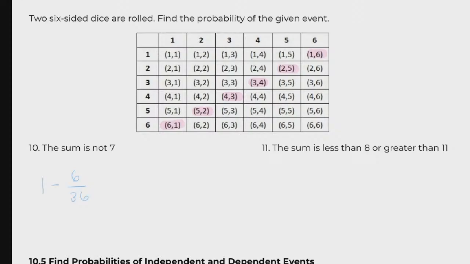So 1 minus 6 over 36 will tell me the probability of rolling dice that won't be 7. That gets you 5 over 6, or 0.833.